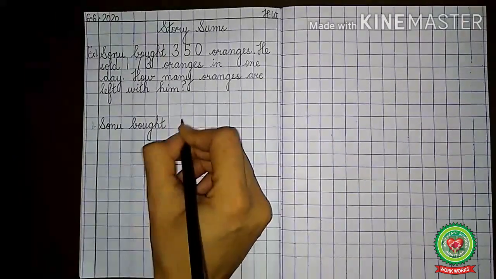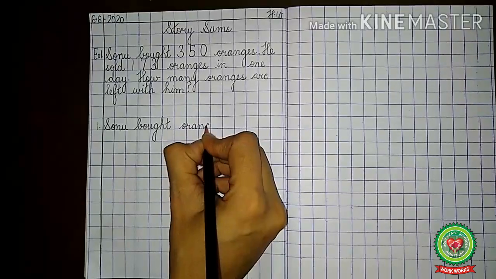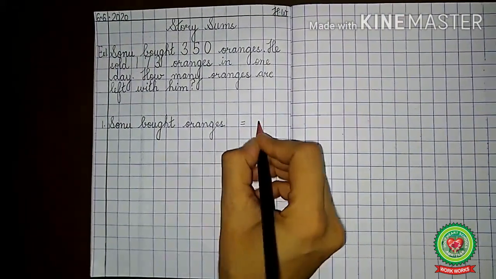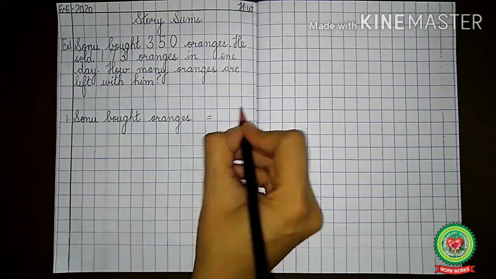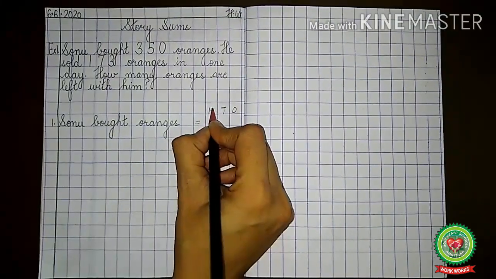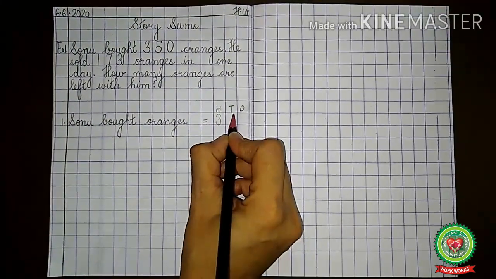Children, you have to touch up, touch down. Sonu bought oranges. Is equal to how many? 350. First of all, we will write the place value table. Ones, tens, hundreds. Is equal to and write down 350.